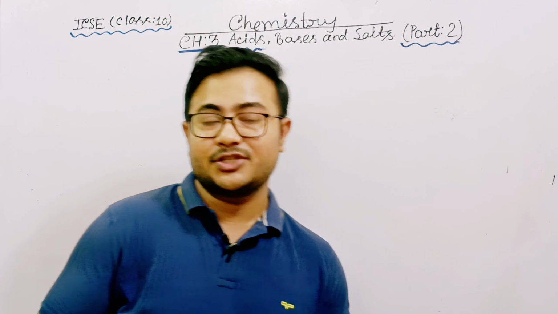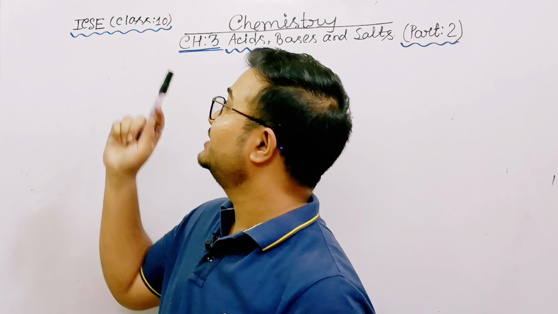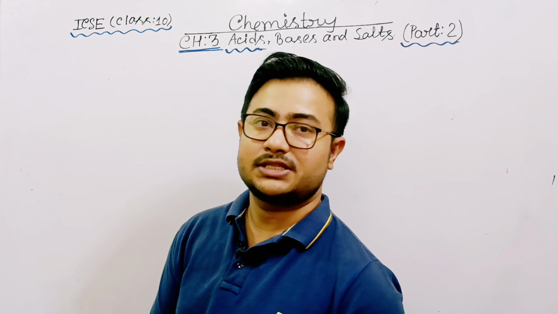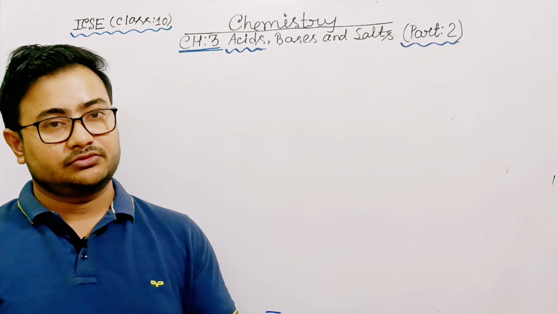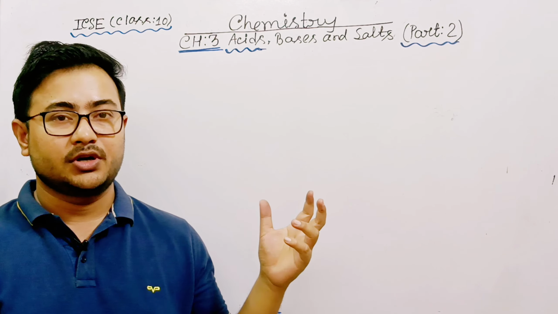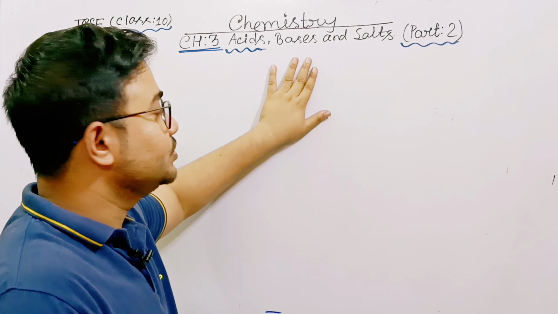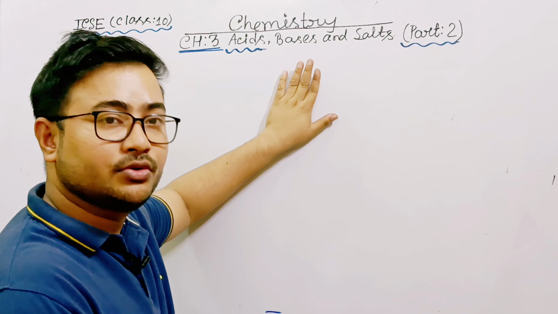One of the best books for ICSE class 10 is Concise. First watch this video, then make your own note. After reading this note and watching this video, prepare your own note.